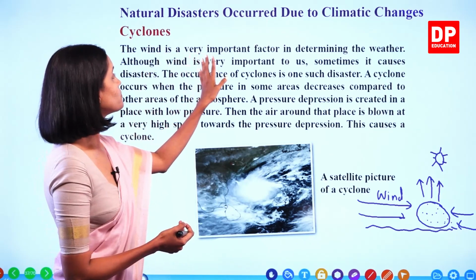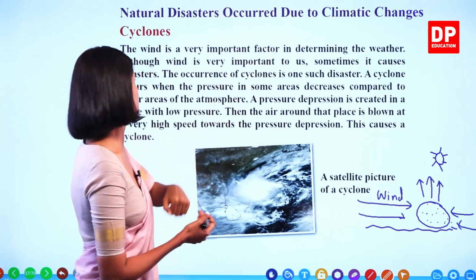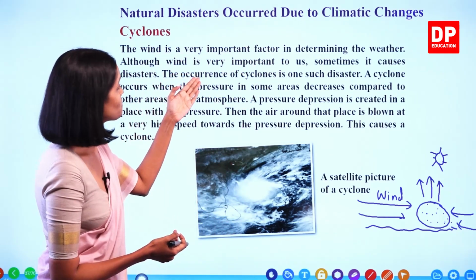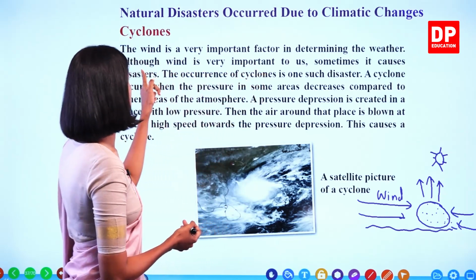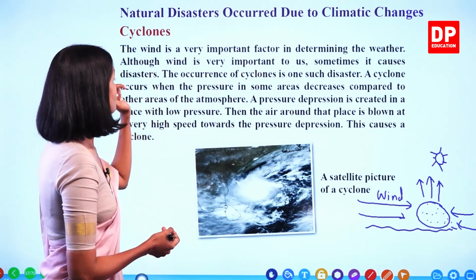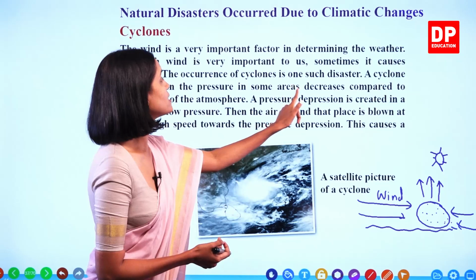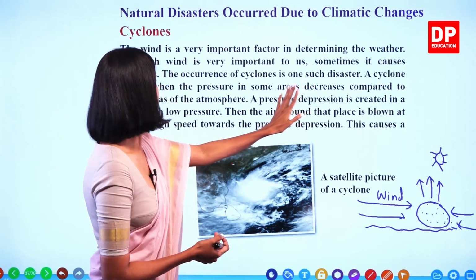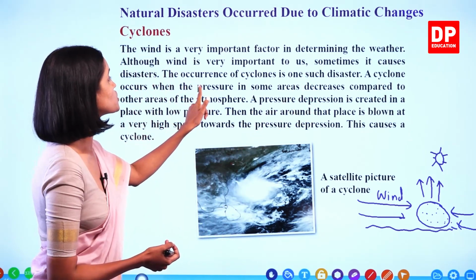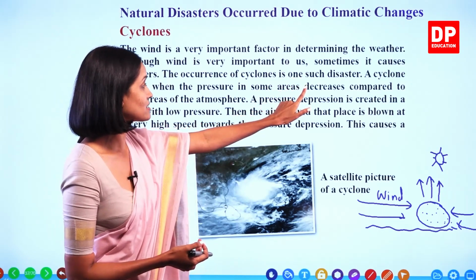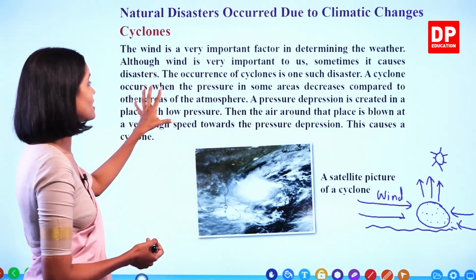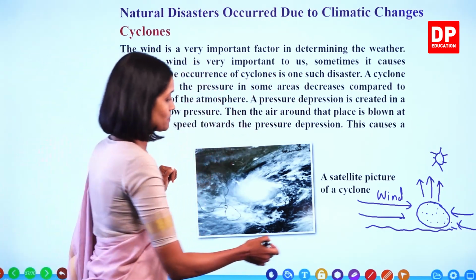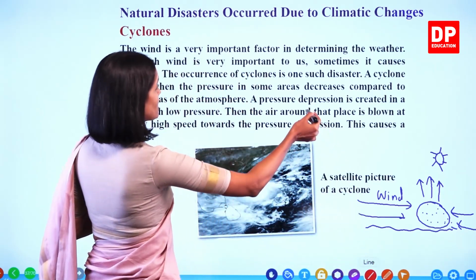Wind is a very important factor in determining the weather. Although wind is very important to us, sometimes it causes disasters, right? The occurrence of a cyclone is one such disaster. The cyclone occurs when the pressure in some areas decreases compared to other areas of the atmosphere, right?